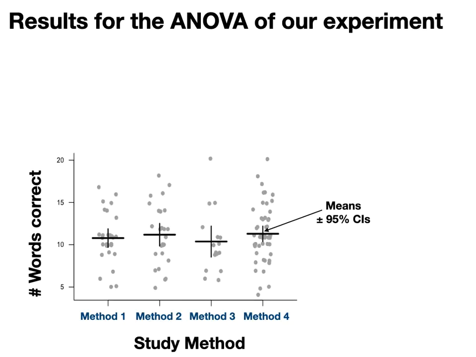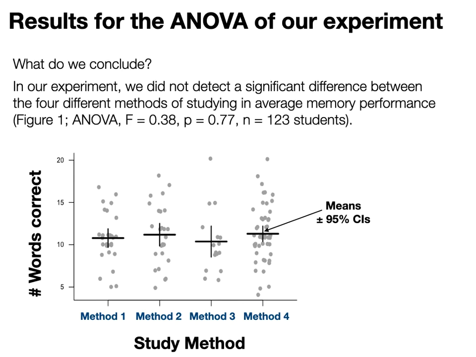So here's an example of an ANOVA, reporting the results of our experiment that I did with students in the class. I've got a graph where I've represented the means and their 95% confidence intervals using whiskers. And so I might say, in our experiment, we did not detect a statistically significant difference between the 4 different methods of studying in average memory performance.